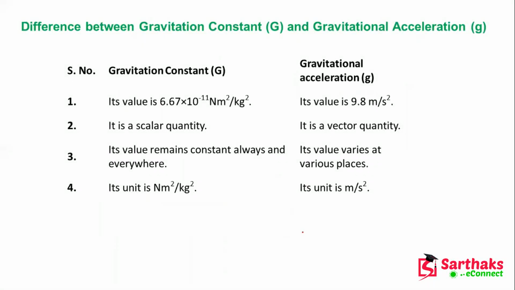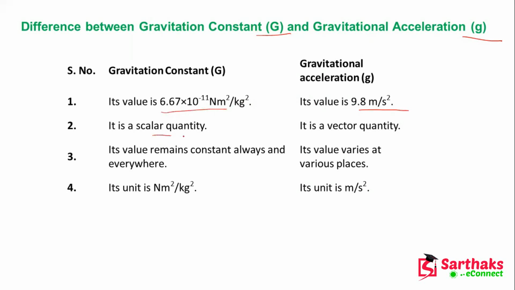The difference between the gravitational constant, denoted by capital G, and the gravitational acceleration is that the gravitational constant value is 6.673 into 10 to the power minus 11 Newton meter square per kg square, whereas the acceleration is 9.8 meter per second square.